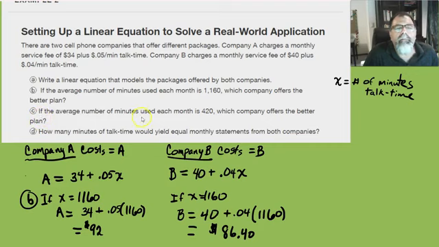If the average number of minutes used each month is 420, which one offers a better plan?